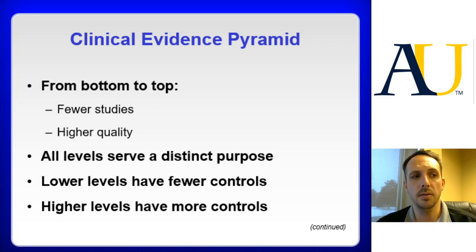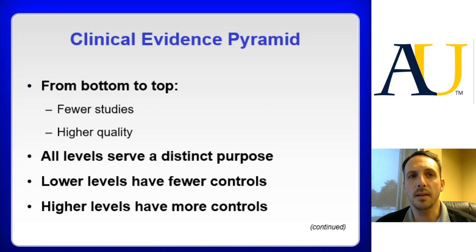As we get into higher levels of evidence, we're going to have fewer studies but higher quality. And that has to do with the specificity of the research itself and the amount of possible variables. So we want in research to have single variable questions where basically we can attribute all of the difference between the groups to the effect of the intervention that we're testing.